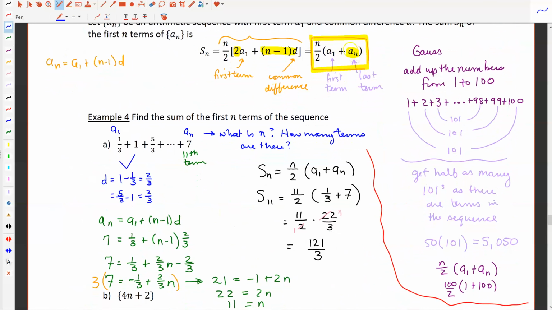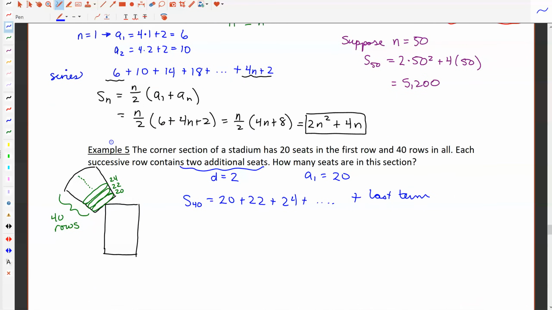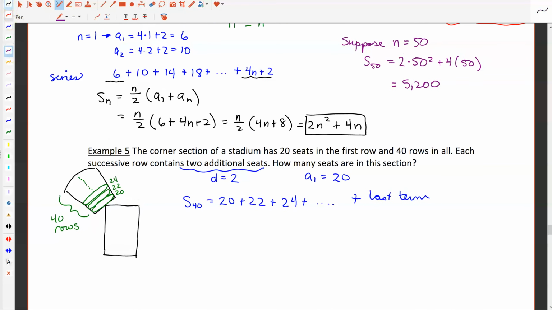If I don't know what the last term is, I could instead use this version, where if I know the first term, the common difference, and how far I'm going out, I can just use that. Okay, so let me write down that general formula. S sub n is equal to n divided by 2 times 2 times a sub 1 plus n minus 1 times d.